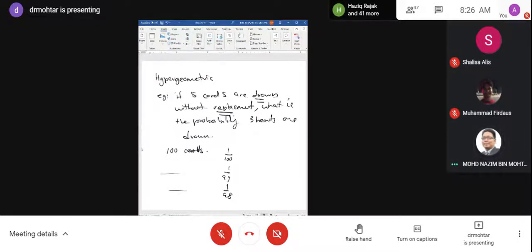So what if the card is being replaced? What type of distribution is that?